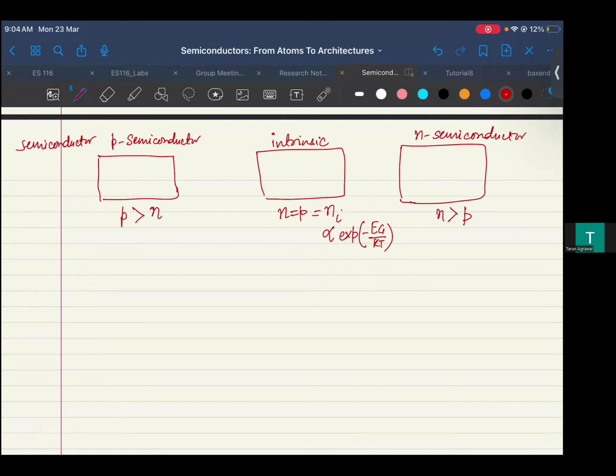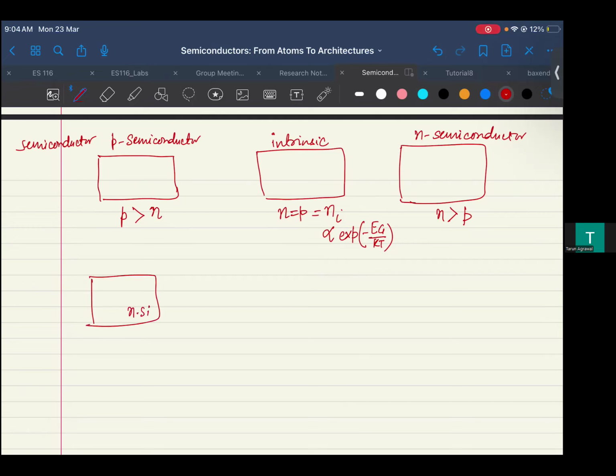Now, if we go forward with it, is the semiconductor good for me? Because in the end, if it is N or P, if I'm going to touch the semiconductor, am I going to feel charged? Let's say I am talking about N type silicon.